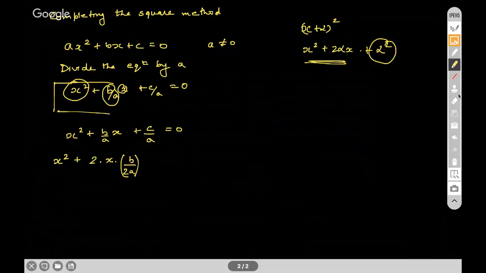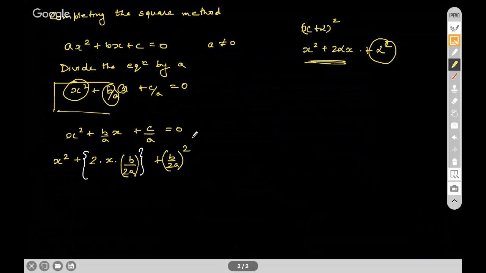This whole term is nothing but b by a x, but I have just manipulated it to write it like that. Now this gives you a sense of x square plus 2ab kind of thing, where this is b, so I can very well write b by 2a whole square, isn't it?